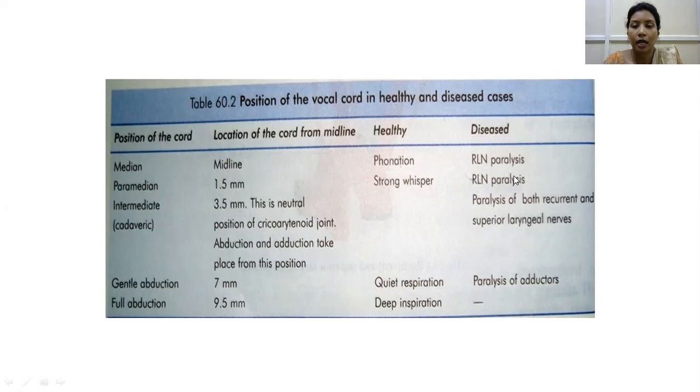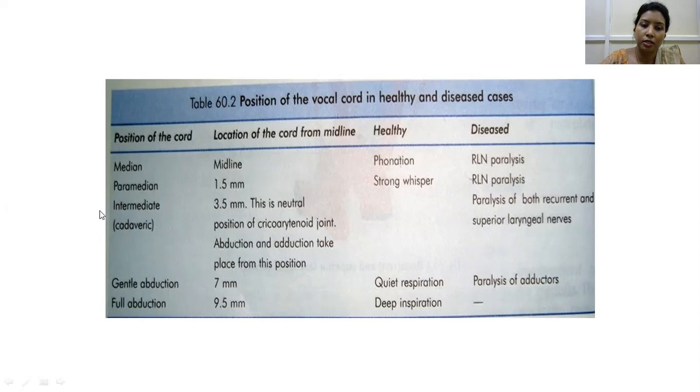What action does it have? It is an adductor. So it has some amount of adductor action apart from being a tensor. Because of that, instead of being in a cadaveric position, in recurrent laryngeal nerve paralysis the vocal cords are seen either in a paramedian position or in a median position.